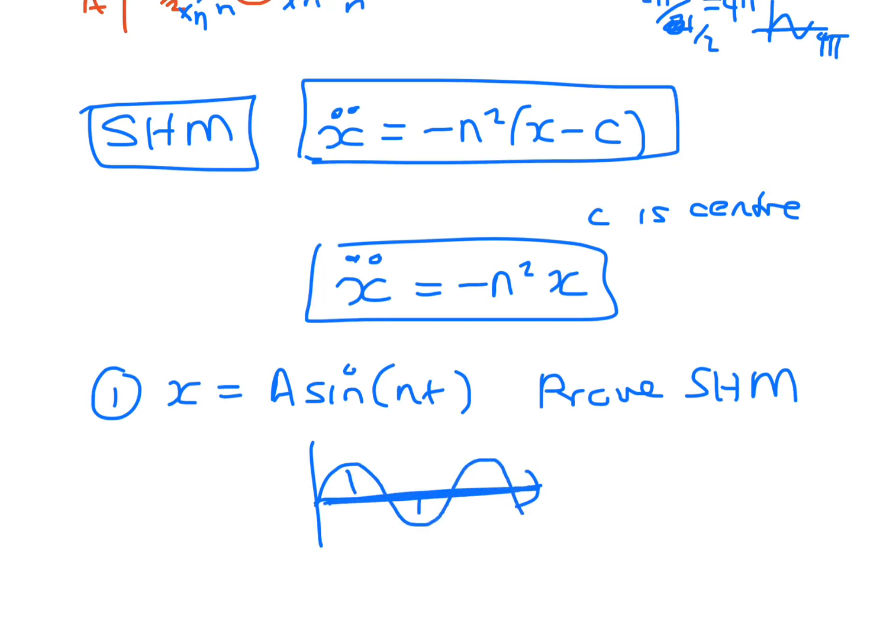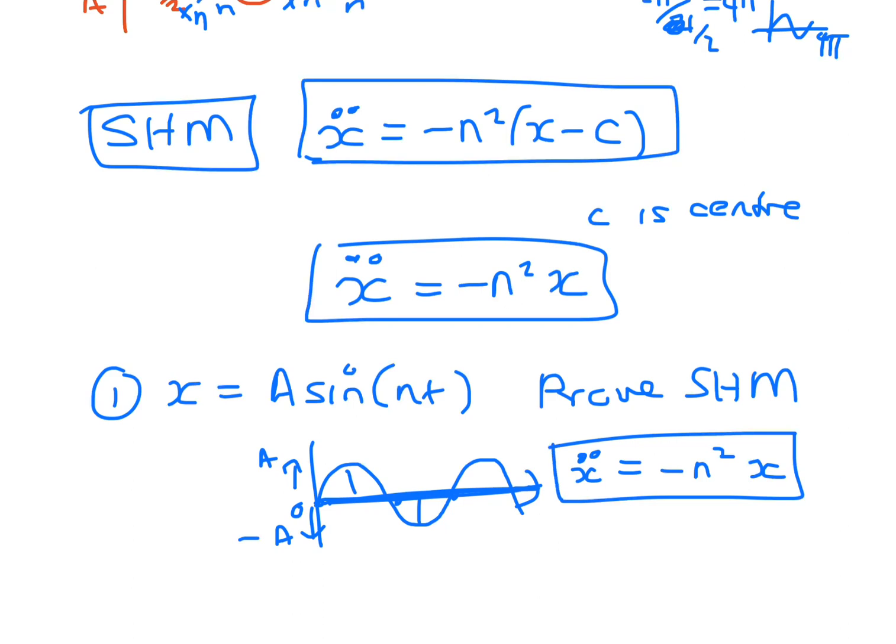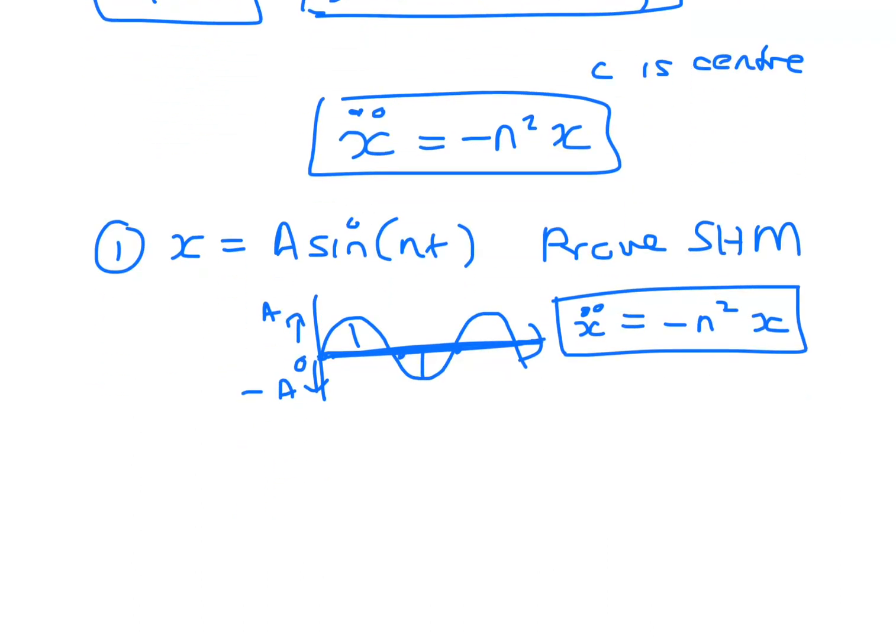So it goes up and down about a central point here, a above and a below, and the acceleration will always end up proportional to the displacement by minus n squared. If you multiply by minus n squared x, that's actually the acceleration. This acceleration is proportional to the displacement.